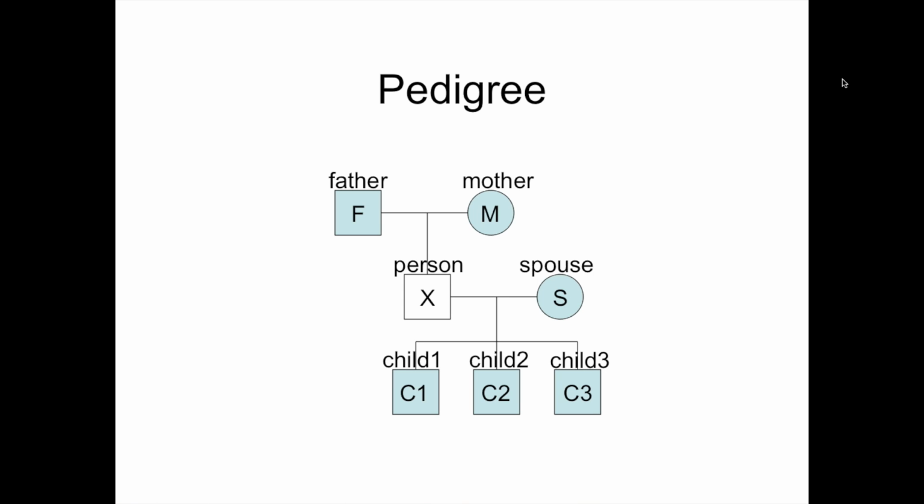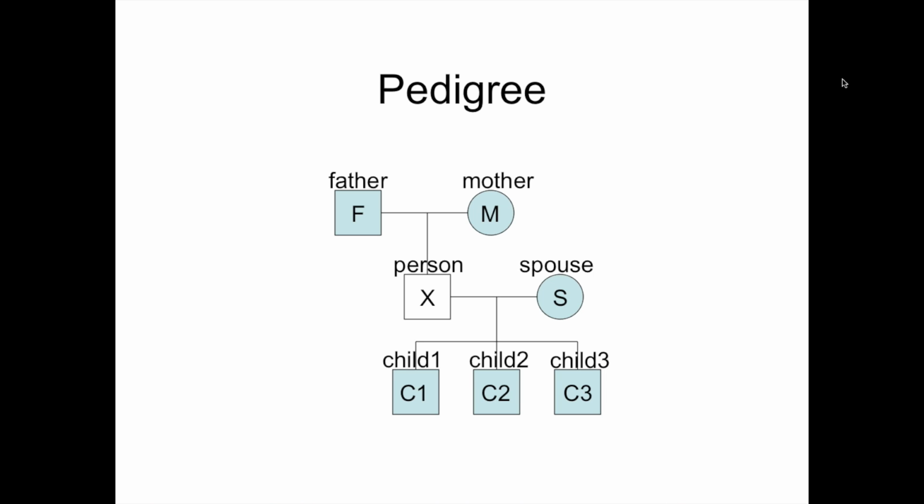Now their offspring is a person, capital X. That's the person whose genotype we're trying to infer. That person has a spouse indicated with a capital S, and their offspring are 3 children, indicated by C, or C1, C2, and C3. So that's the pedigree we're starting with, and those are the family relationships.